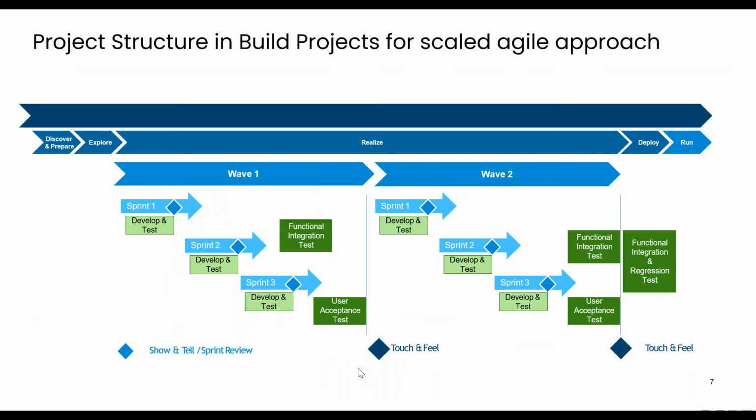Now, to give you a sample or an idea of how we would deliver a project using a scaled agile approach, an example would be a simple two-wave project design where each one of the waves will have at minimum 3 sprints each.